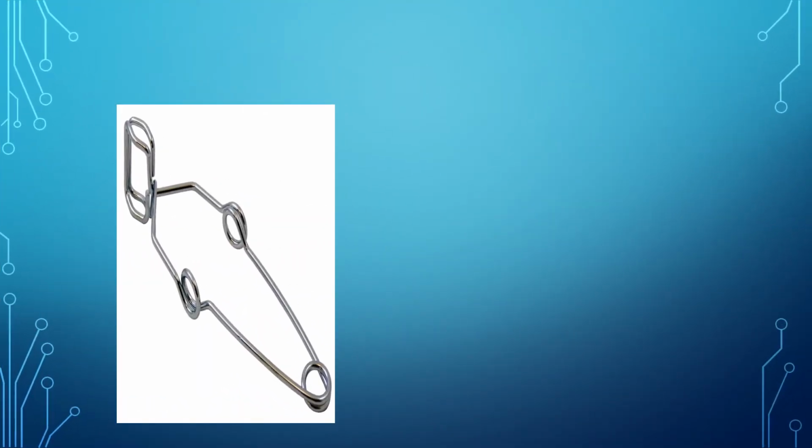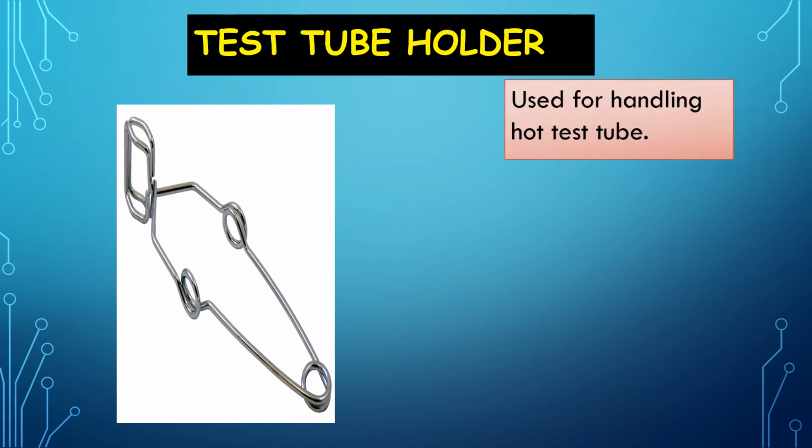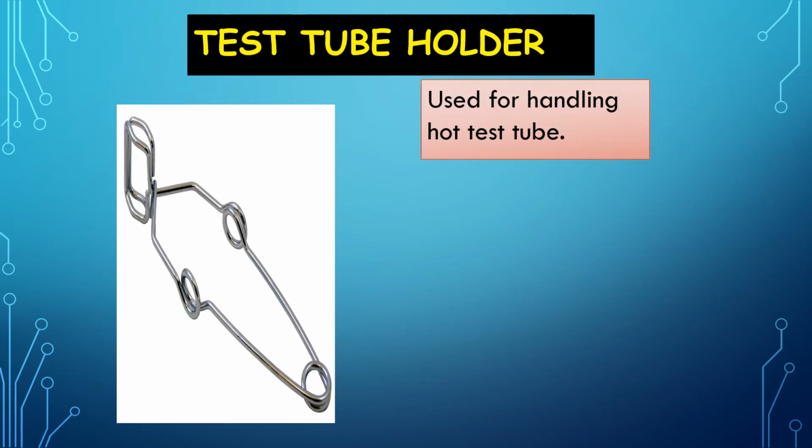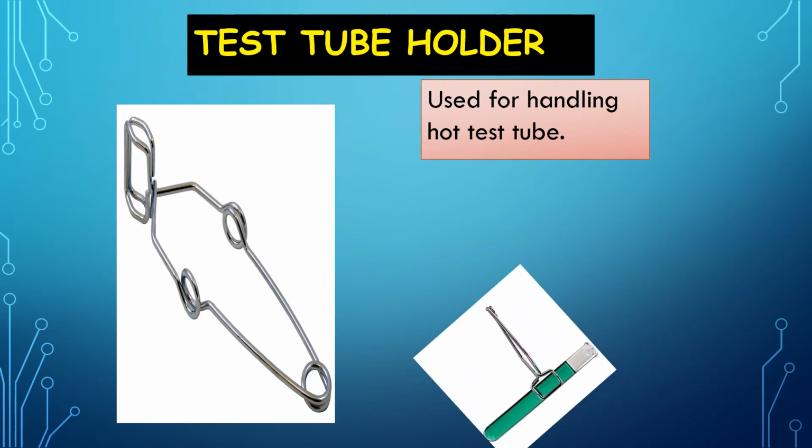Next, what about this one? What is the name? It is called test tube holder. What is the function? Used for handling hot test tube. So when you are heating chemicals in a test tube, you are going to use this test tube holder.